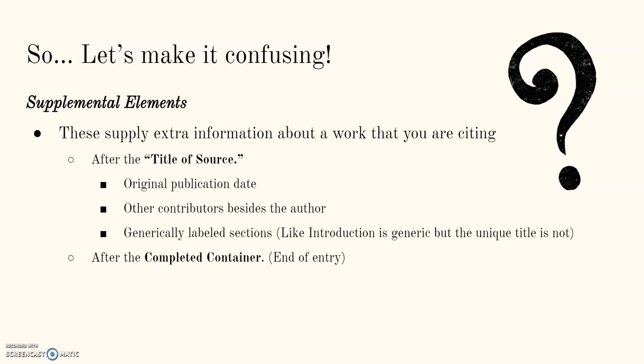If you have a completed container worth of elements, but there's still more that someone needs to know in order to find this information, like the date that you accessed it. Say you're going through a database and they update that information regularly, but they keep an archive. People will need to know what version of the data you looked at the day that you got it and wrote about it.